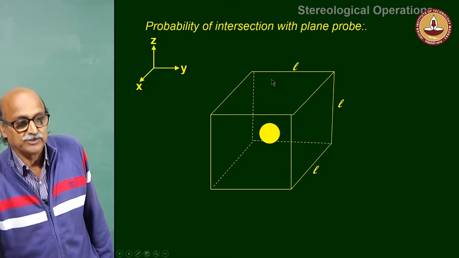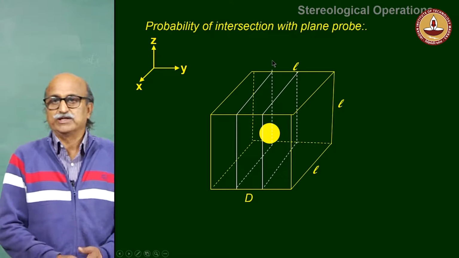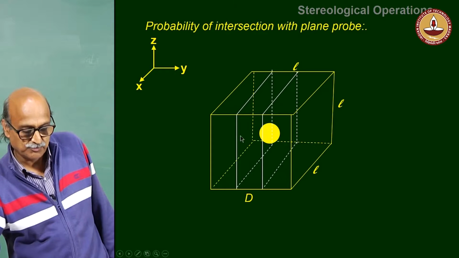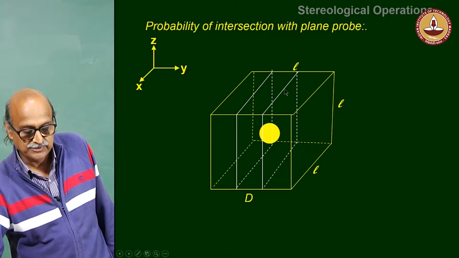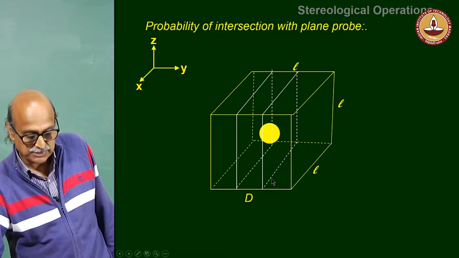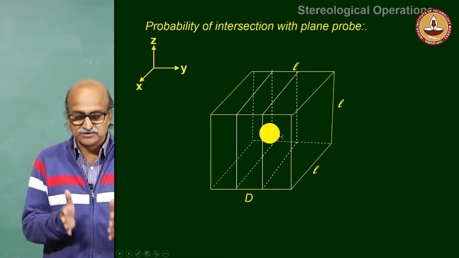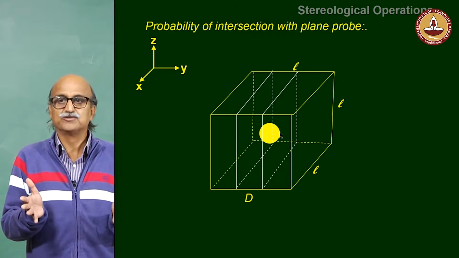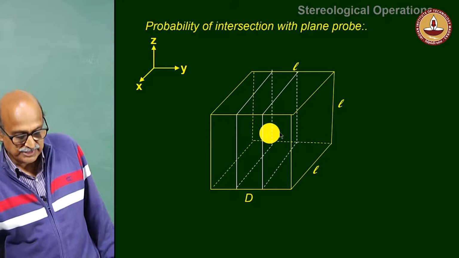In order to figure that out, consider two tangent planes. This plane makes a tangent to this object at this end, and this particular plane makes the tangent to this spherical object at this end. The distance of separation between these two planes would be nothing but the diameter of the sphere, which is d.